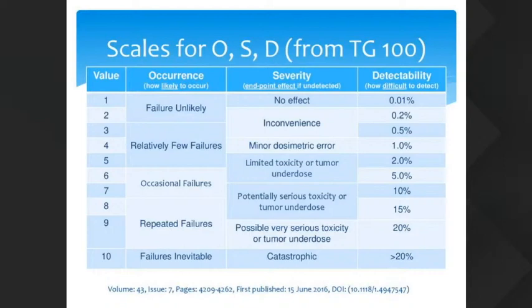Our last question here. Do you have a recommendation for a minimum number of people required to score failure modes to calculate RPN? I don't think I can recommend a minimum number, but I can definitely say that in this case, it should represent either a variety of clinics or a variety of individuals within the clinic that are involved in chart checks.